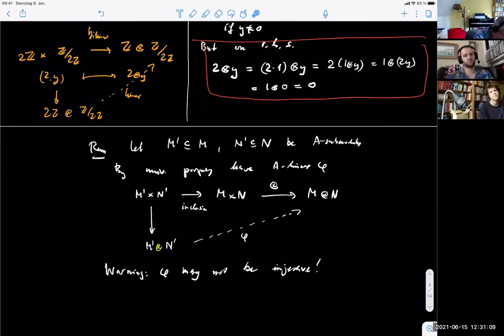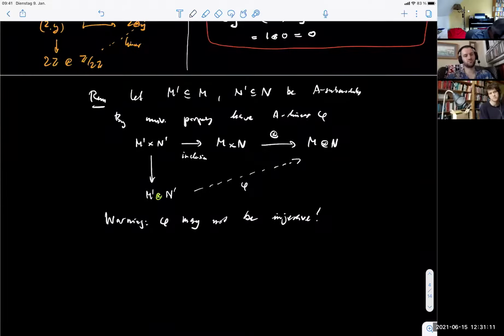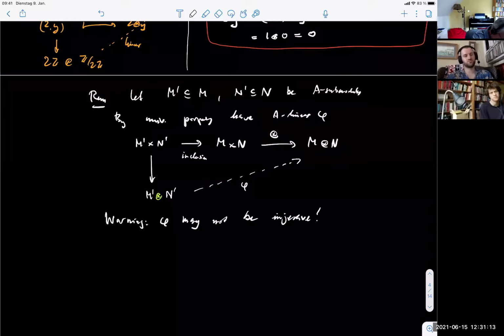The reason is the example from before, even with M' equals N'. It was this example.